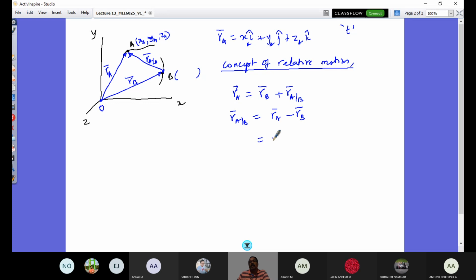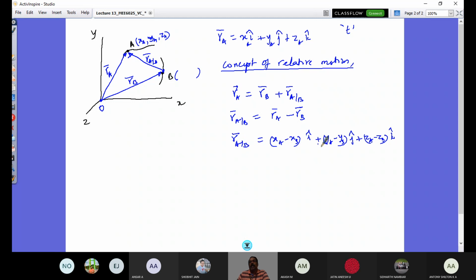Right, so what is this going to be? It is XA minus XB into I plus YA minus YB into J plus ZA minus ZB into K. So that is what is RAB.